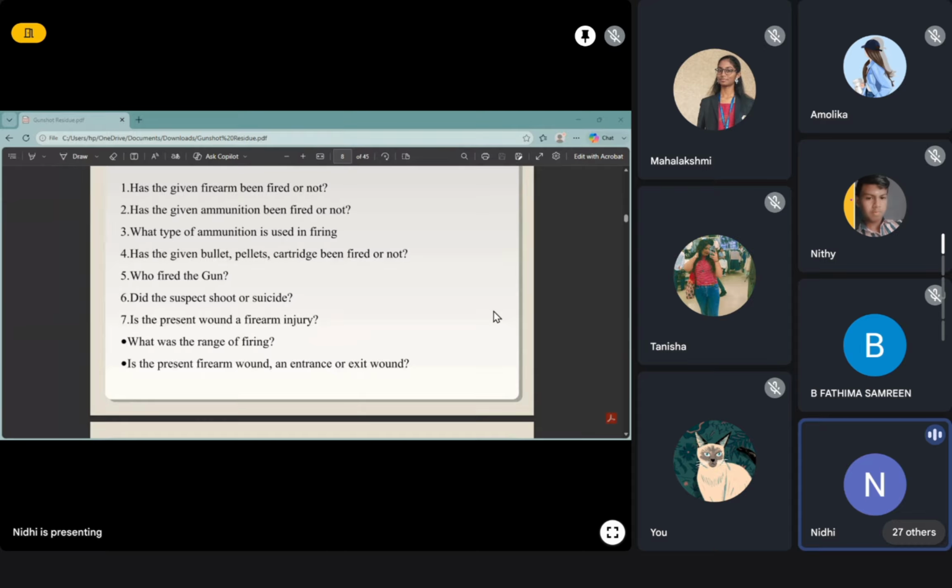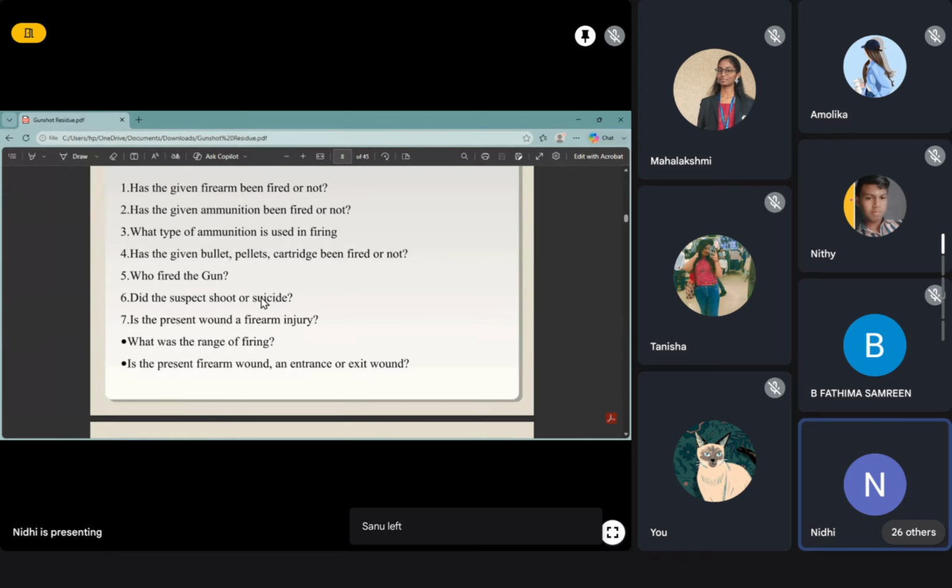That GSR will get transferred to either the clothes or the skin of that person, but it will be very less in amount. But if we are shooting from very close distance, then you will find more GSR. So the quantity of GSR might get compromised. Okay, Fatima, is your doubt cleared? Yes, ma'am. Thank you.